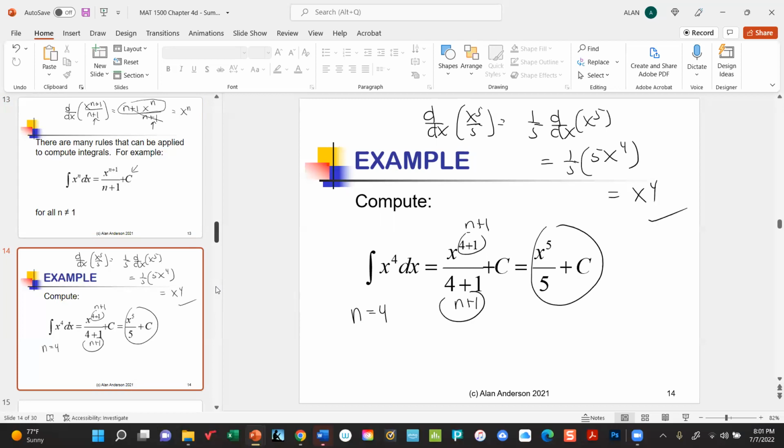It works. How do you like that? Okay, so remember, this works for every case except n equals 1.